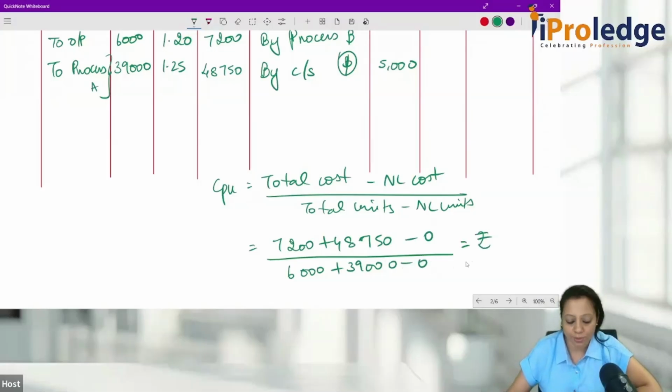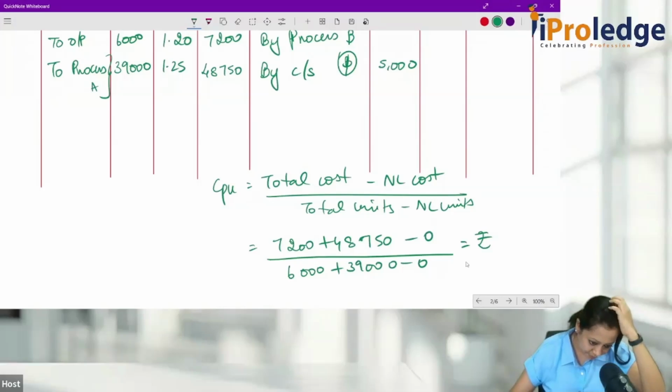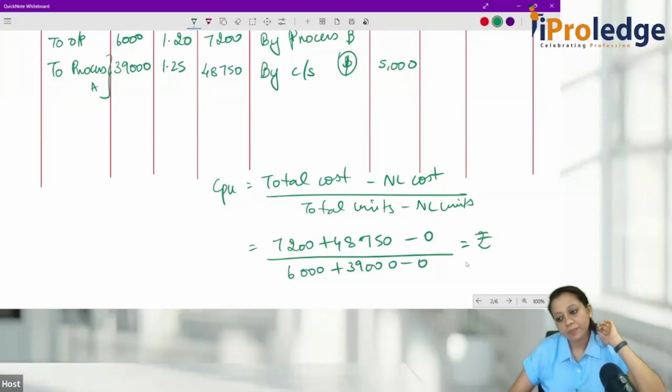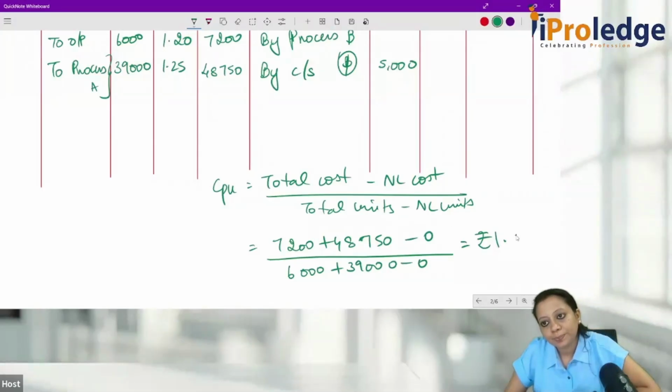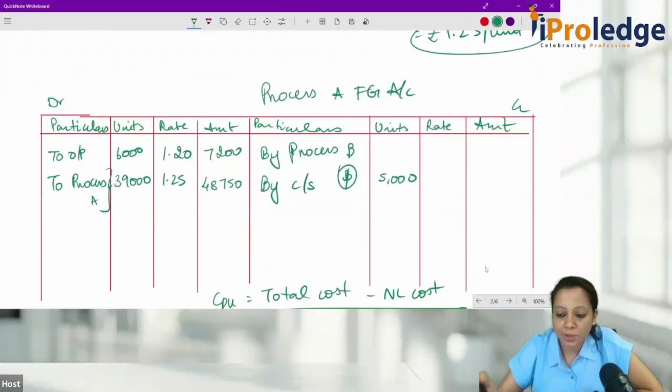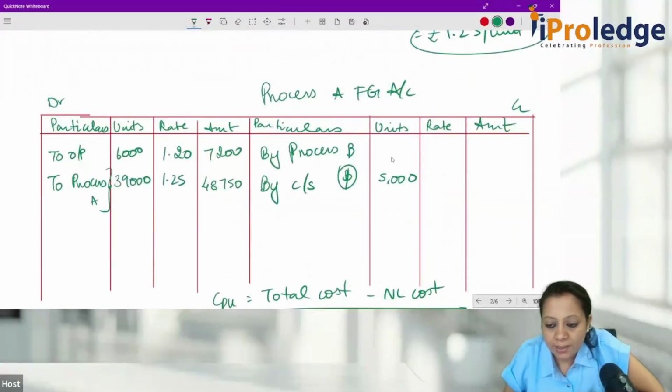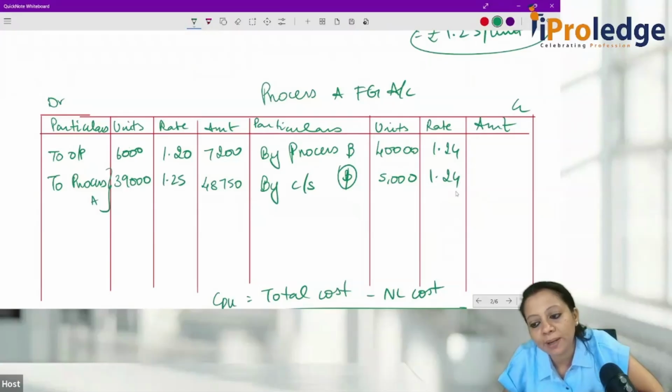Minus 0, no normal loss units. 1.24. So which means what is the balancing figure, ma? So this 39 plus 6 is 45 minus 5, it is 40,000. Yes. So it is 1.24. This will also be 1.24.